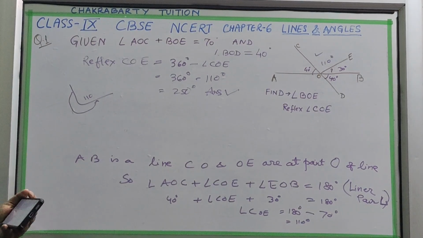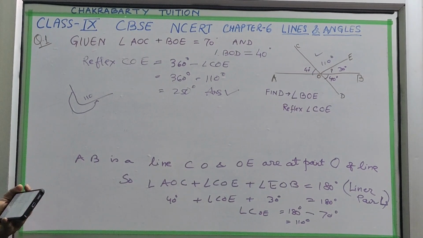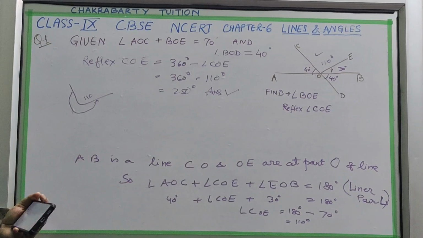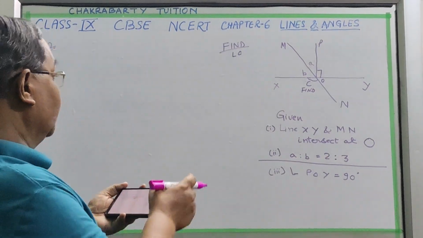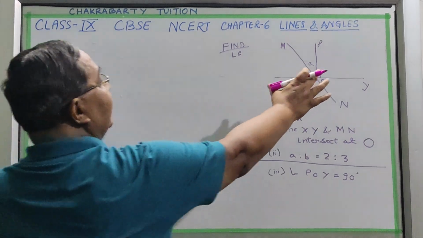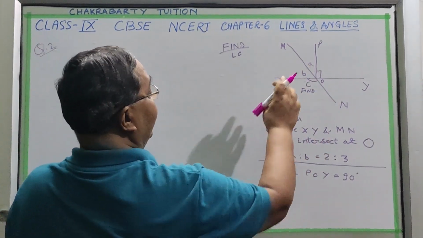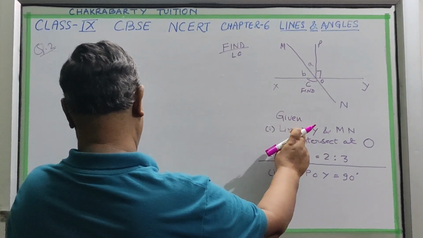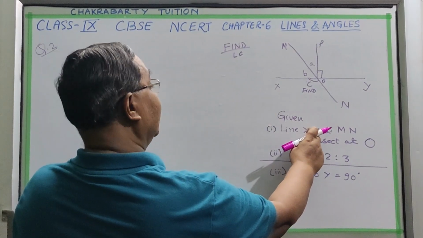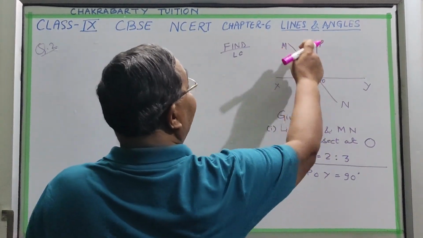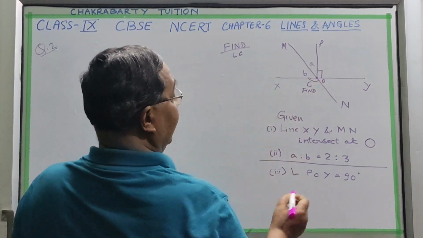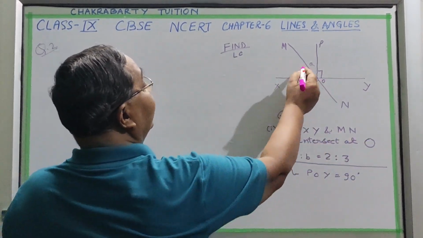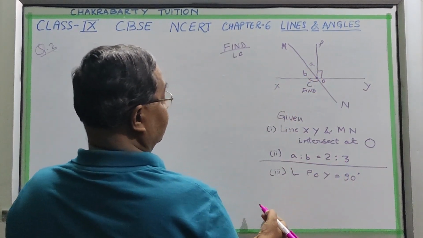Now we will go to question number 2. For this we will wipe this out and write question number 2. Here in question number 2, this diagram is given. Line XY and line MN bisect at O. This is your point O. And the ratio A to B is 2 to 3.